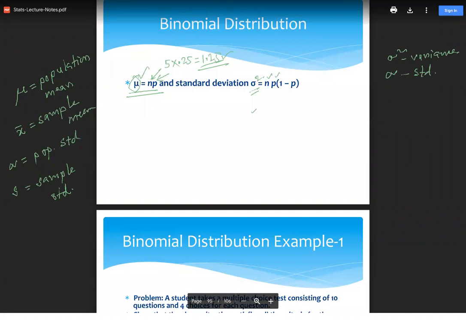So sigma is going to be equal to the square root of n times p times 1 minus p. That's how you do it. So if I ask you for a distribution, what is the mean mu and what is sigma, you should be able to find mu and sigma.